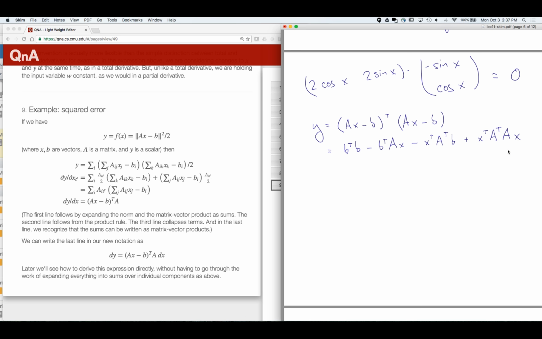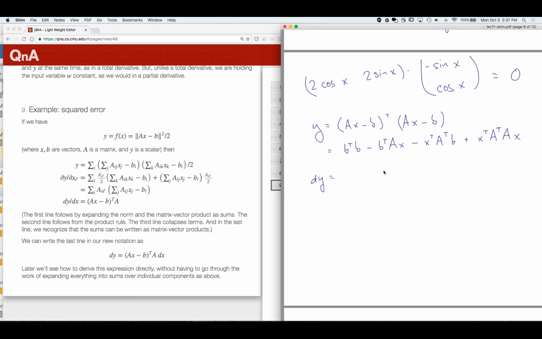And I haven't done anything surprising yet. I've just written this expression, which is equivalent to this one, and multiplied it out so that I have everything in a sum of terms.